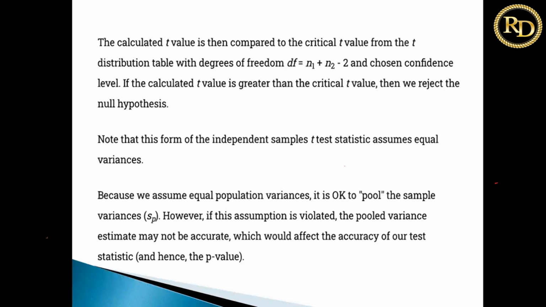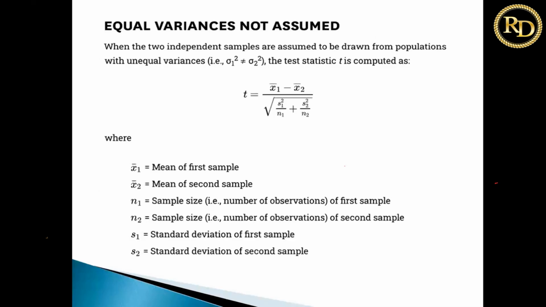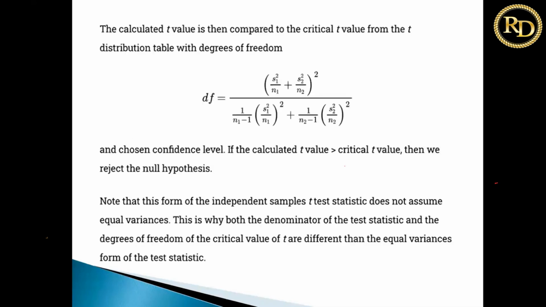Okay, so what we do, we just see whether Levene's test is significant or not. If it is non-significant, then we simply calculate the value of T at N1 plus N2 minus 2 degrees of freedom. And if Levene's test is significant, then we adjust the degrees of freedom with this formula.